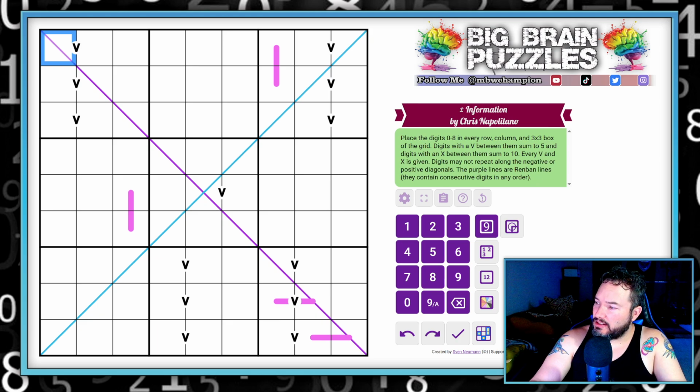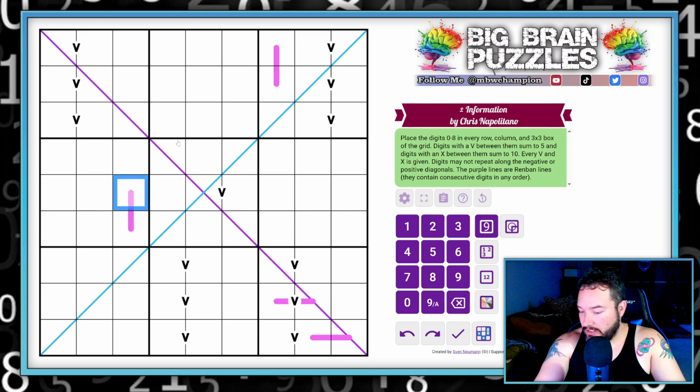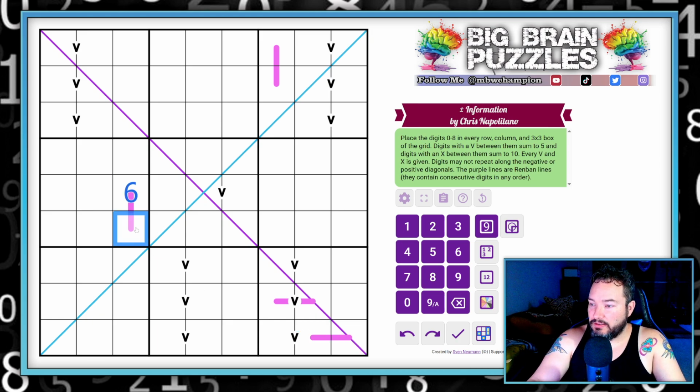The purple lines are renban lines, and they contain consecutive digits in any order. So any of these ones right here are consecutive. Like if this was a 6, for example, this can be either a 5 or a 7. If it's longer than that, I don't know if this one's considered purple.